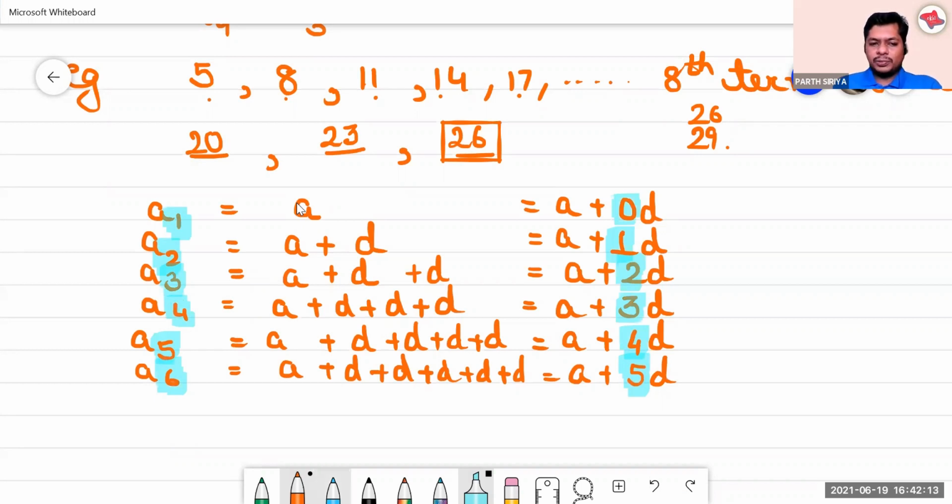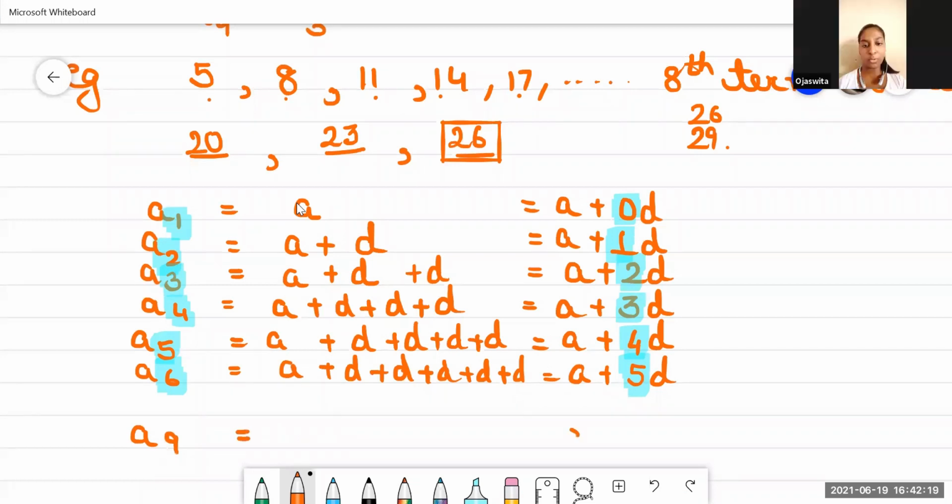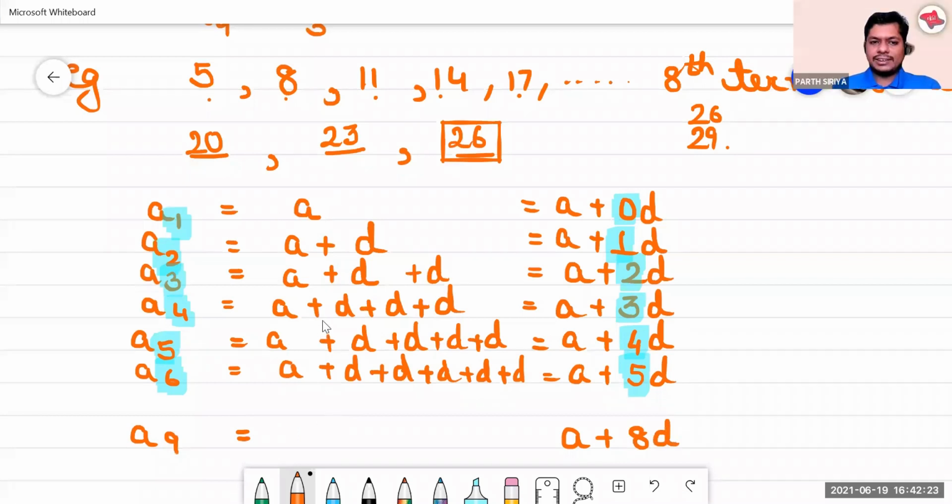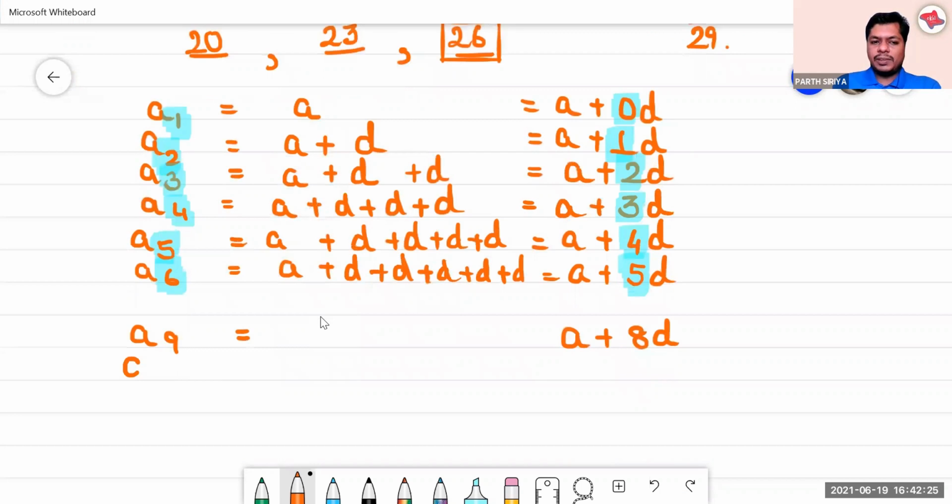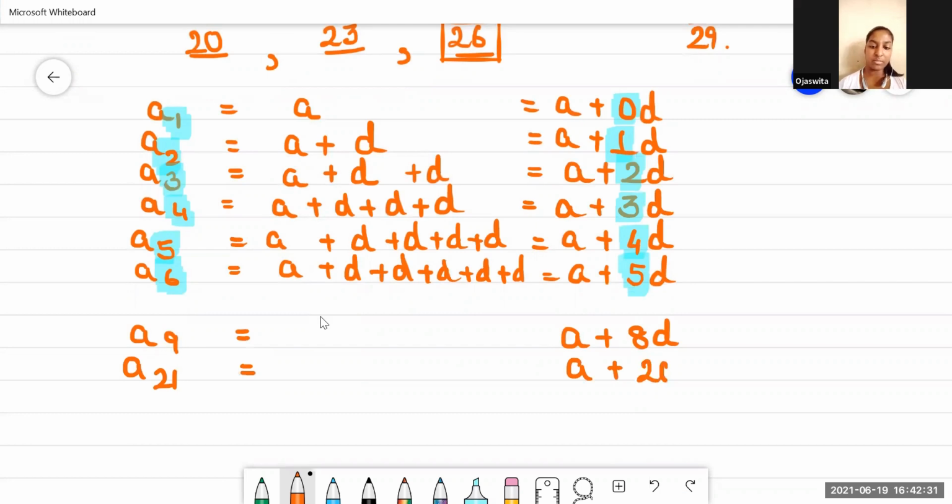तो अगर कोई आपको पूछे A9 है, तो A9 का मतलब क्या होना चाहिए? A plus how many D? A8 होना. 8D. A plus 8D होना चाहिए. Very good, that's correct. अगर कोई पूछे A21, A21 में क्या होना चाहिए? A plus 20D.